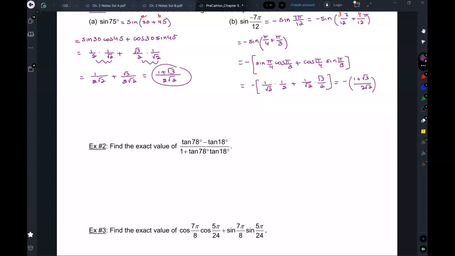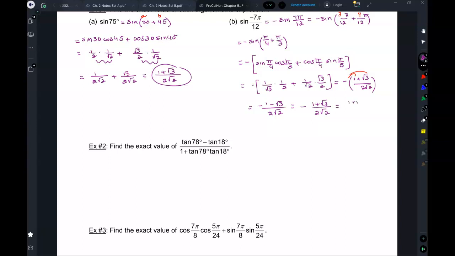Now, that's one way of writing it. You could also distribute the negative, and it'll be negative 1 minus root 3 over 2 root 2. Or this is the same as a negative out here, 1 plus root 3 over 2 root 2, right? These are all the same.